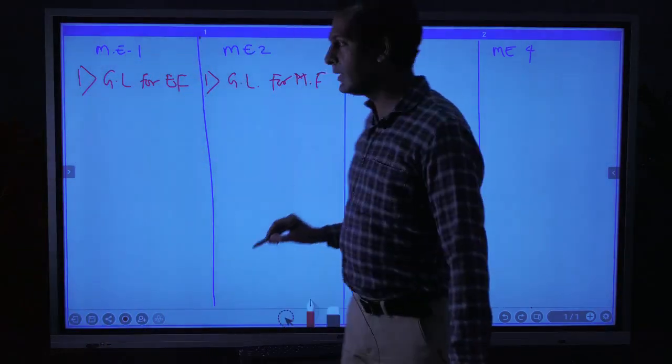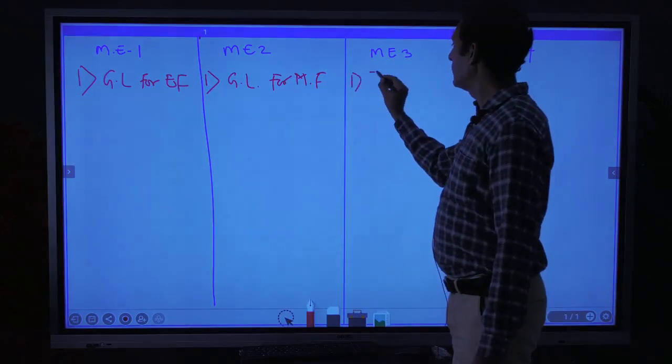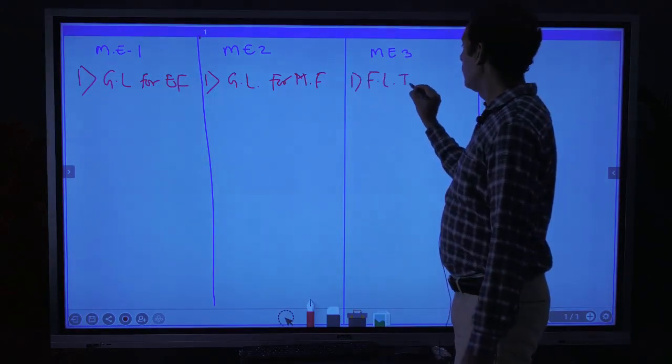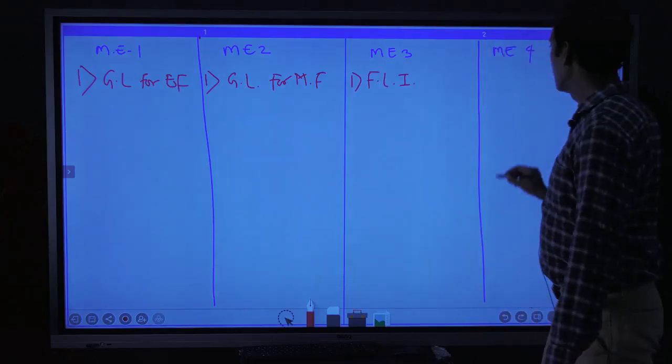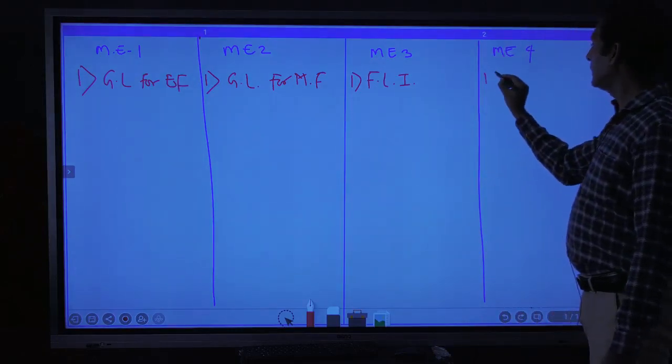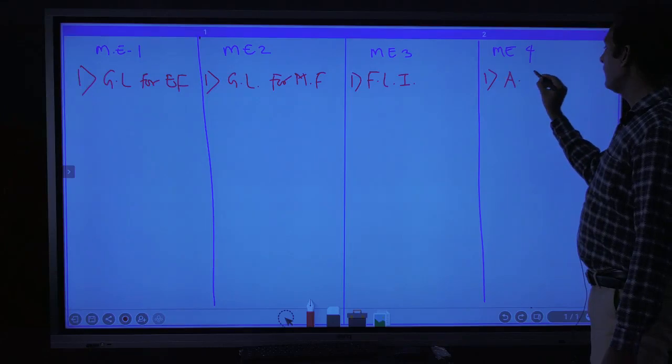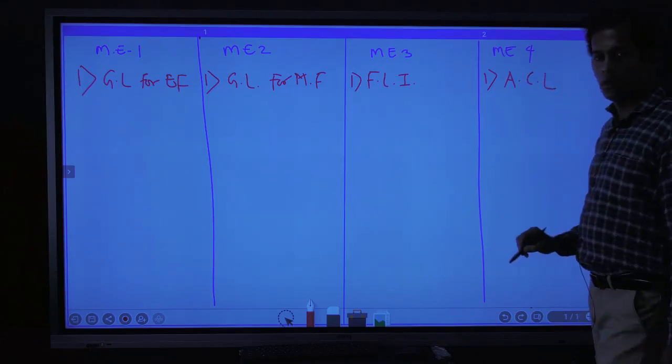Third one is related to Faraday's law of induction. And the fourth equation is based on Ampere's circuital law.